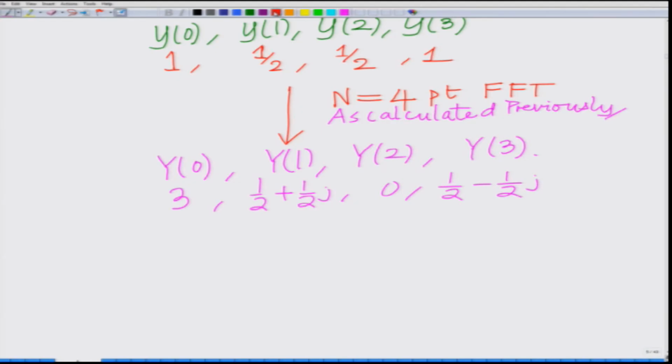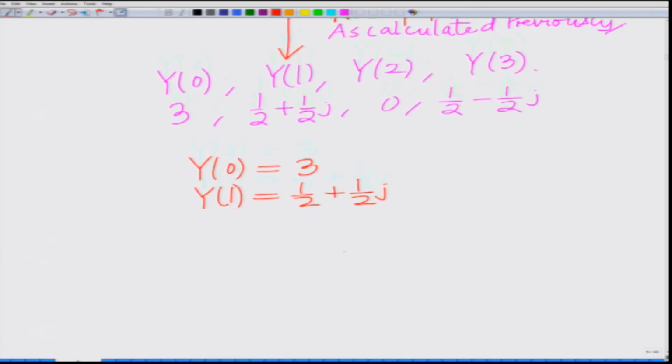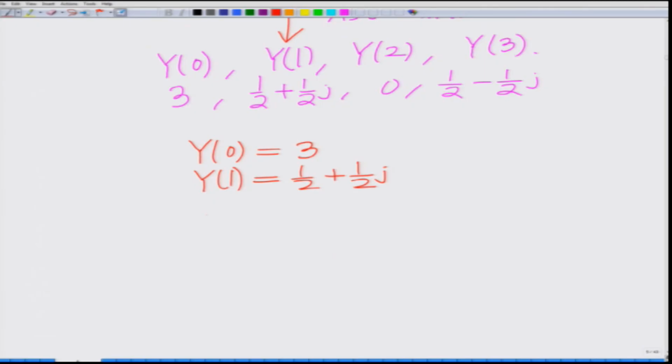Just to be a little bit more explicit, let me write down Y0 equals 3, Y1 equals half plus half j, which is the output sample across the subcarrier or the first FFT point, Y2 equals 0, Y3 equals half minus half j.